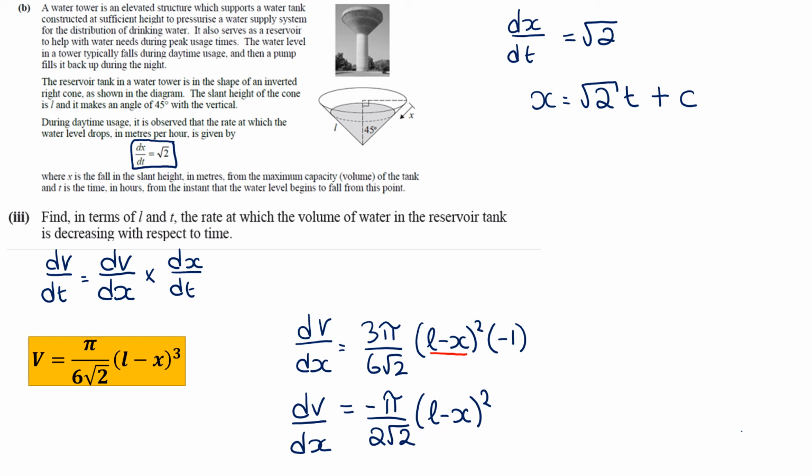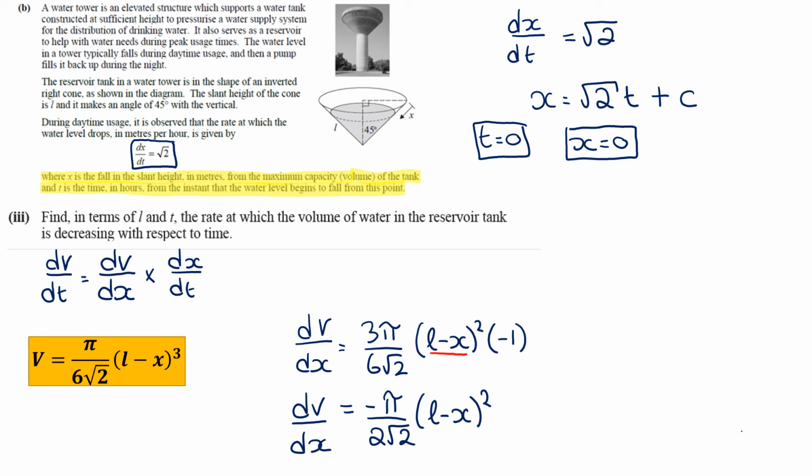Now, they told us something in the question and it mightn't have stuck out, but x is the fall in slant height in meters from the maximum capacity of the tank, and t is the time in hours from the instant that the water level falls from this point. So that is telling us, in maybe not the most explicit way, that when t is equal to 0, x, the drop, is equal to 0. So time starts counting when the tank is full.